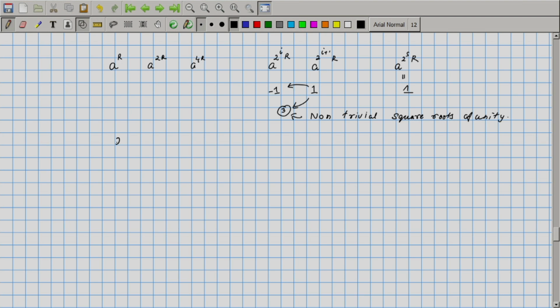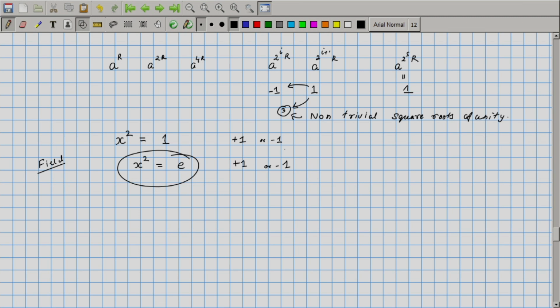Okay. So, if you look at the equation x squared equals 1, this has precisely 2 roots when we are talking about real numbers, plus 1 and minus 1. In general, in an algebraic structure known as a field, we could look at the equation x squared equals identity. In this case, if it is a field, there can be precisely 2 roots, plus 1 and minus 1.